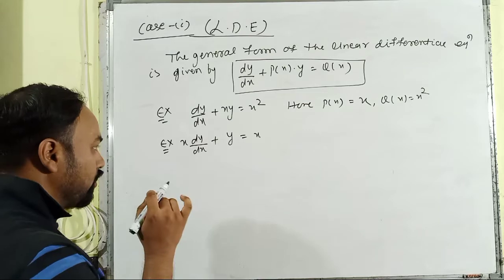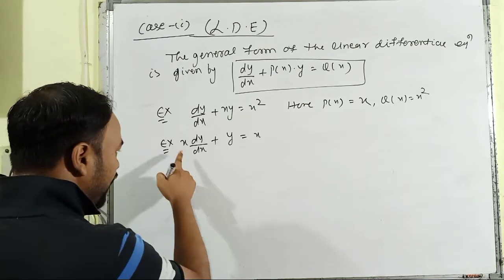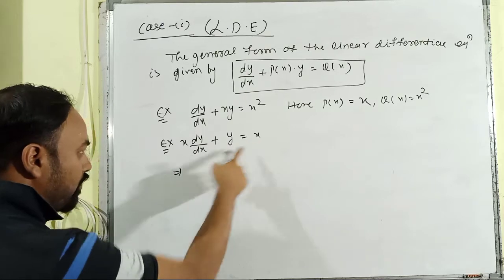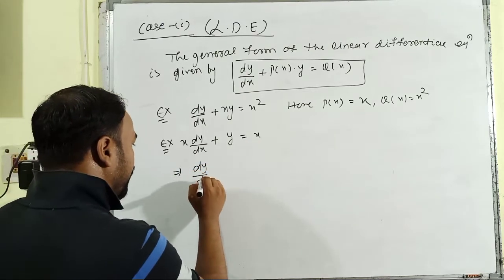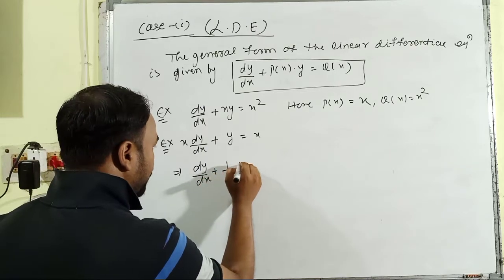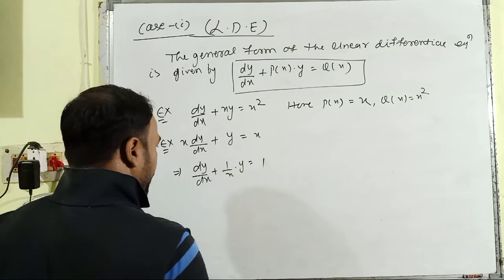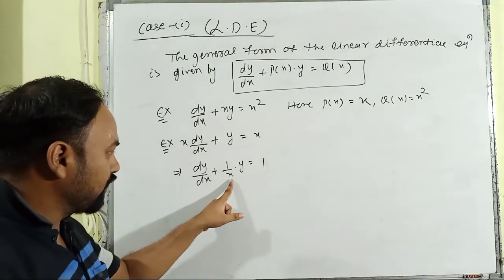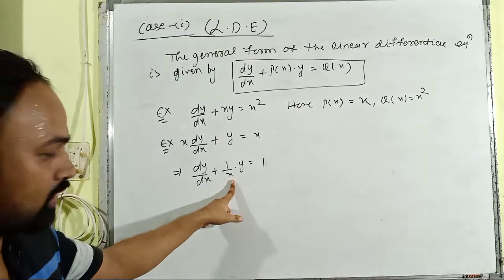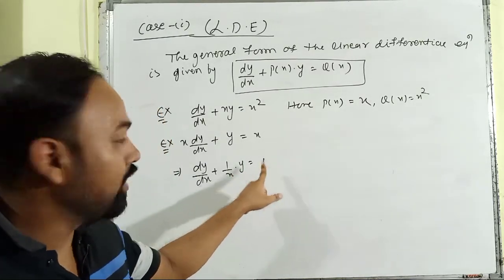So dividing both sides of the above equation by x, we have dy upon dx plus 1 upon x into y is equal to 1, since x divided by x is 1. Now you can see that in place of p of x it is 1 by x, and in place of q of x it is 1, which is a constant.